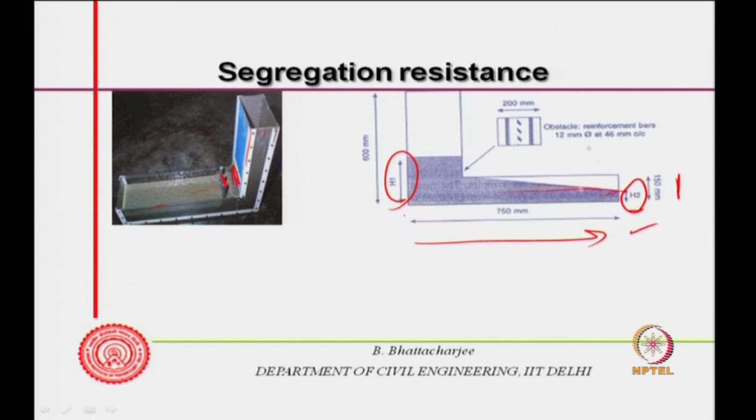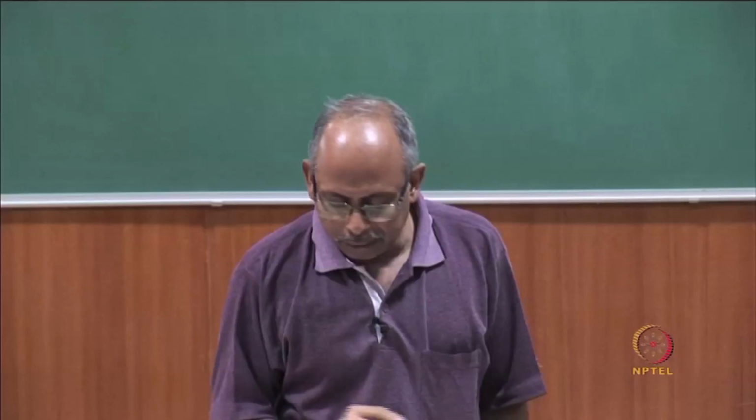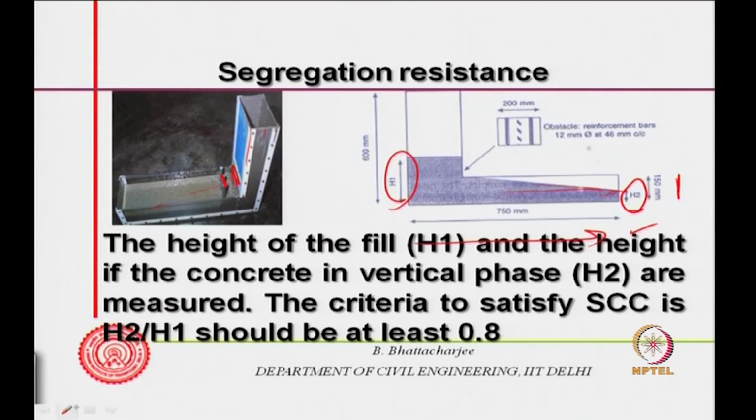The water would make these two heights the same, but for self compacting concrete, this should have a minimum ratio of 0.8. So, H2 by H1 should be at least 0.8. If it is 1, that is very good.